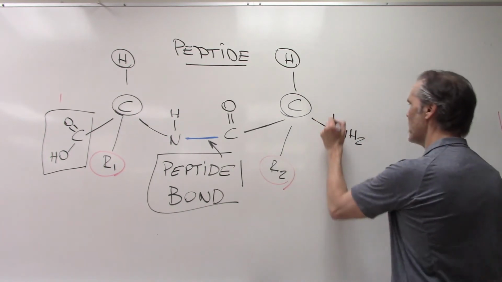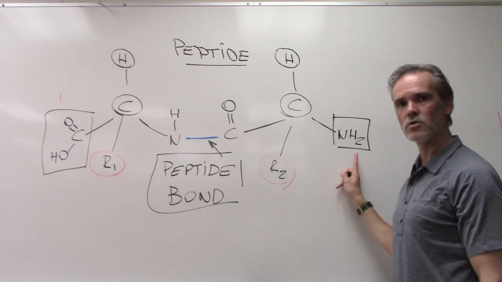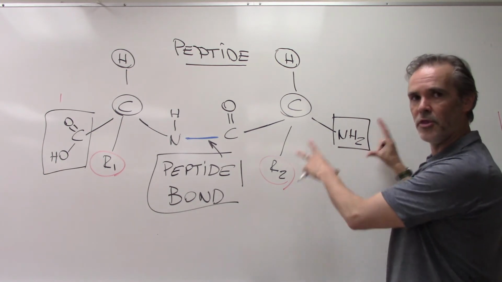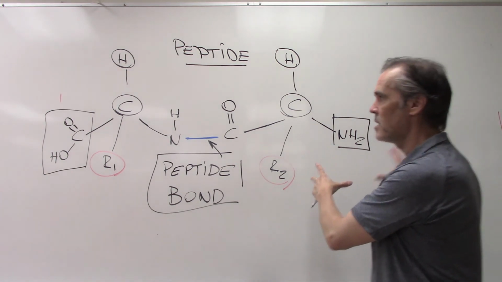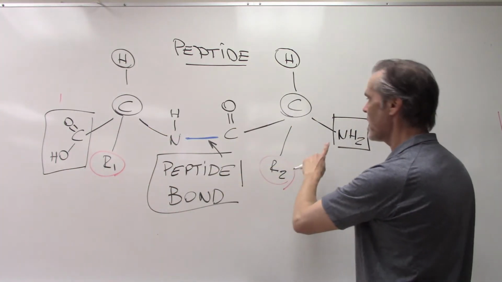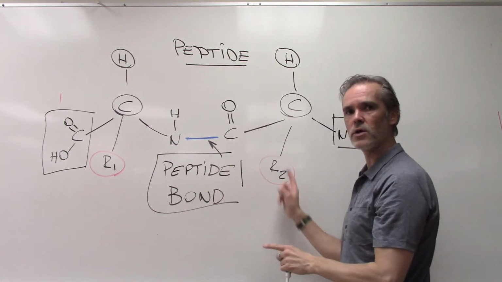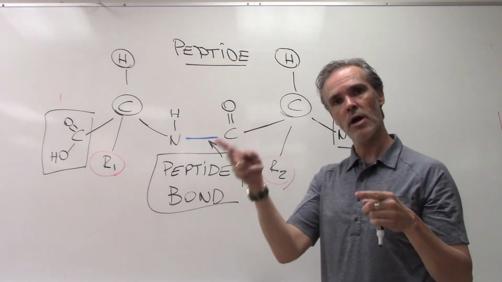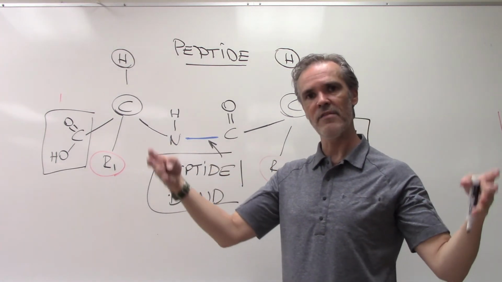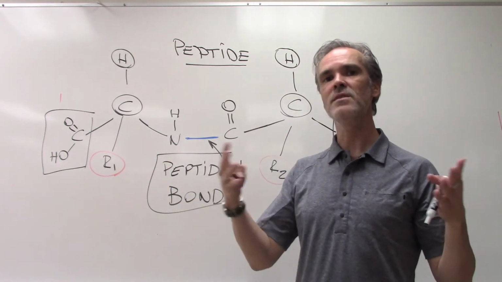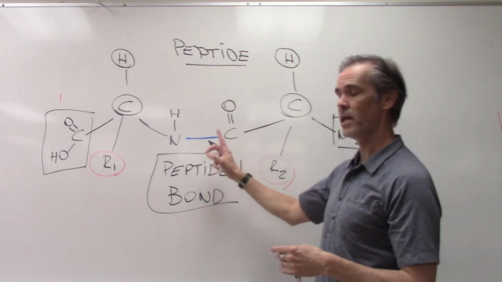And then on that side here, I still have the amine group. So what do you think is going to happen if I bring a third amino acid on that side, or a fourth on that side? We can repeat this same reaction over and over. So from a dimer, we would go to a trimer, 3, and then 4, and then 5, and then 6. And then at some point, we can even have thousands and thousands of those amino acids connected with one another.